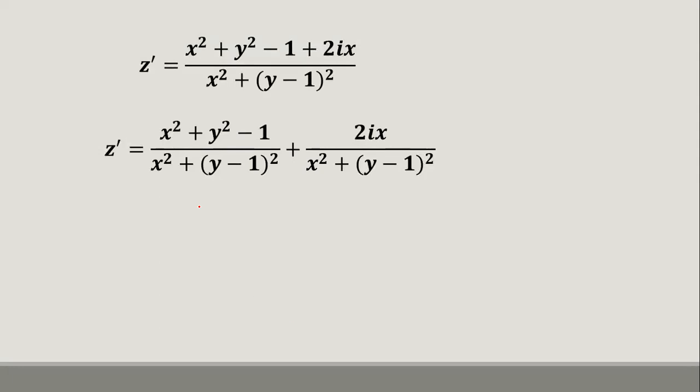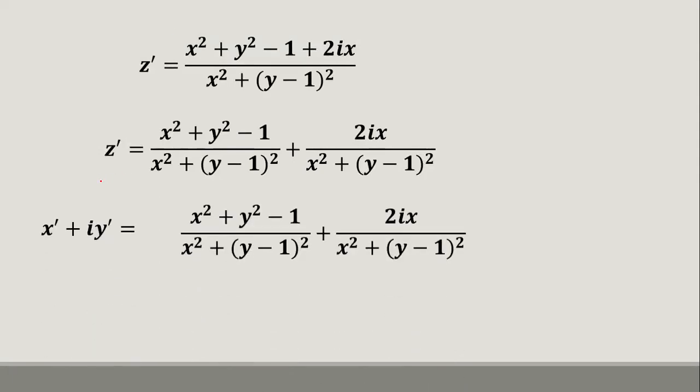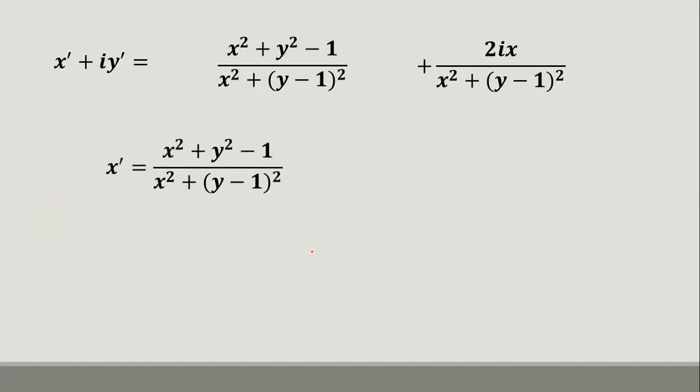Given that z prime is equal to x prime plus i y prime, two complex numbers are equal to each other. This implies that the real part in the left-hand side is equal to the real part in the right-hand side, and the imaginary part in the left-hand side is equal to the imaginary part in the right-hand side.